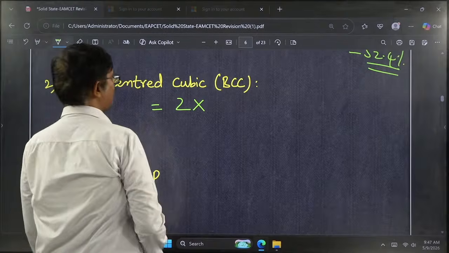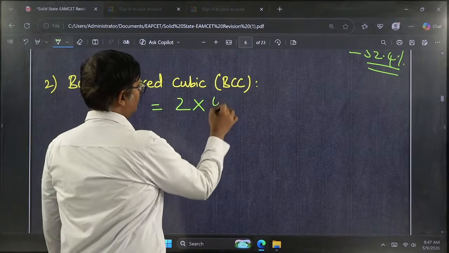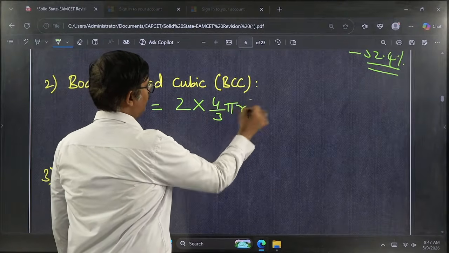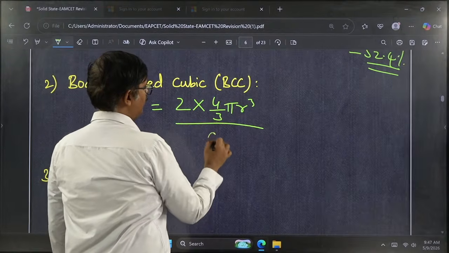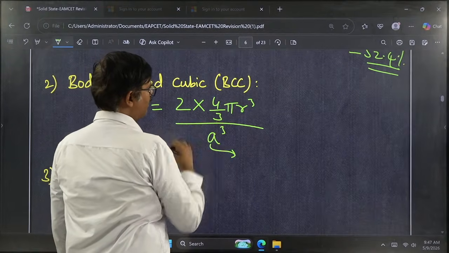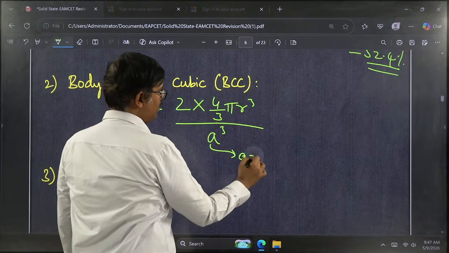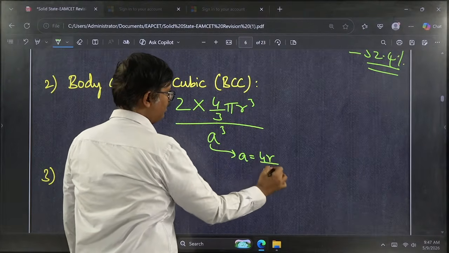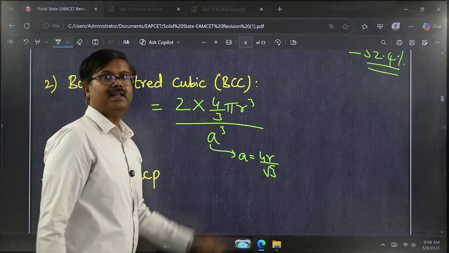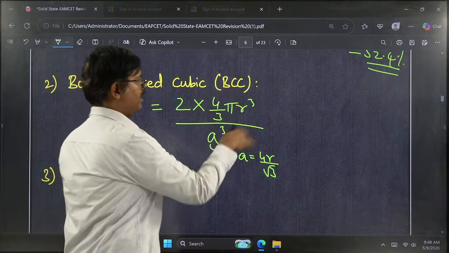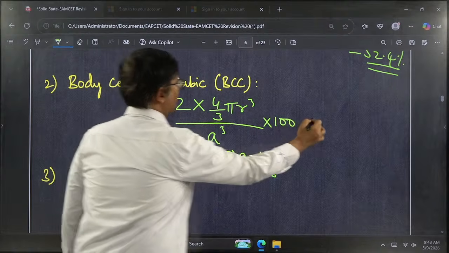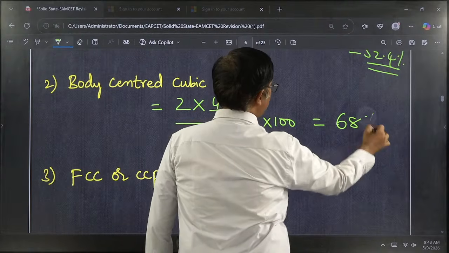So 2 atoms per unit cell of BCC, 4/3 pi r cube by a cube. And what is a in the BCC? Do you remember? a is equal to 4r by root 3, the BCC relation. Substitute here and simplify, then you will get around 68%.